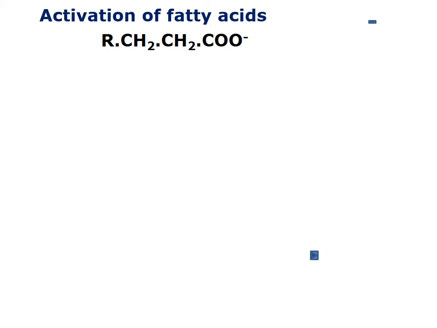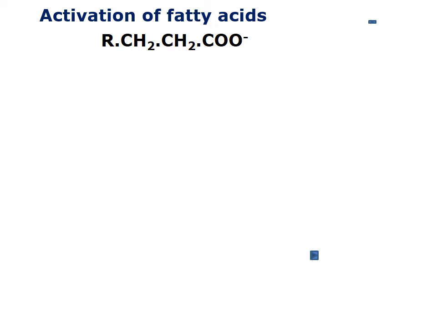A fatty acid has a hydrocarbon chain having at least one carboxylic group. Remember, the carbon atom of the carboxylic group is the first carbon atom, and you count it that way, second, third, etc. The carbon atom next to the carboxyl carbon atom is called the alpha carbon atom.